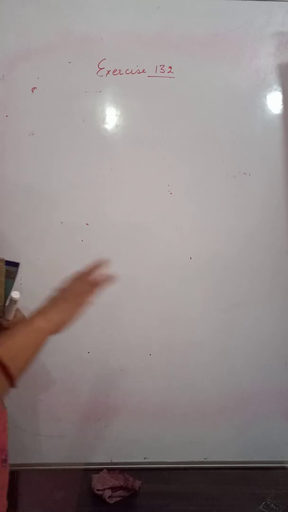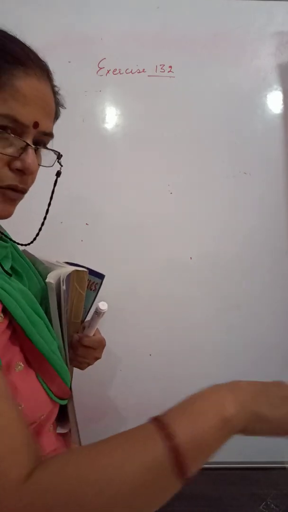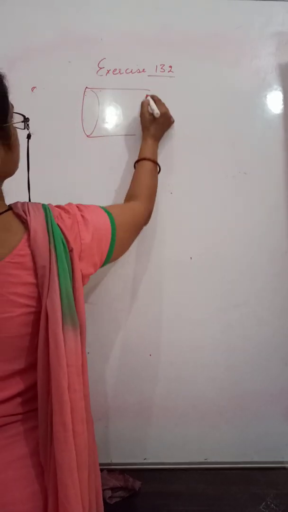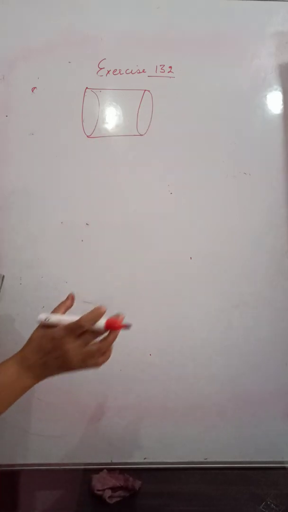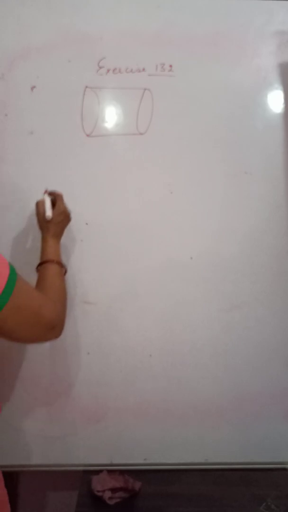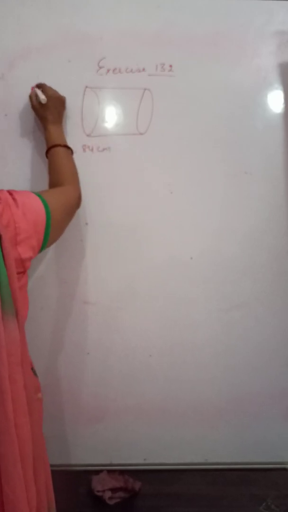We have a road roller, a sort of roller which levels the ground. It can be any. The diameter of the roller is, this is the shape of the roller. You have seen the road roller and you have seen the grass roller also, so both have cylindrical shape. Diameter is 84 centimeter.